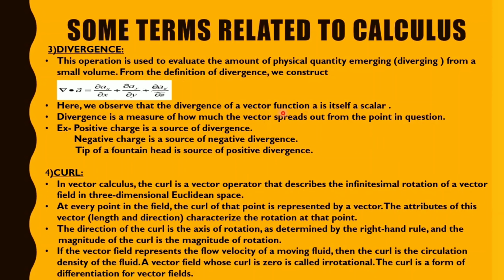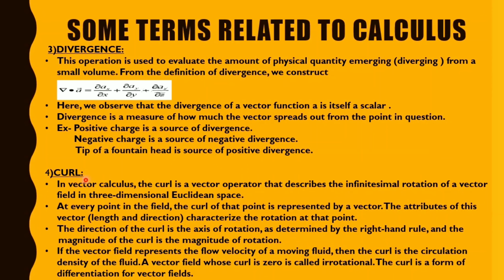For example, a positive charge is a source of positive divergence, but a negative charge is a source of negative divergence. The tip of a fountain head is a source of positive divergence. So these are examples of divergence, and the symbol of divergence is gradient and a dot.